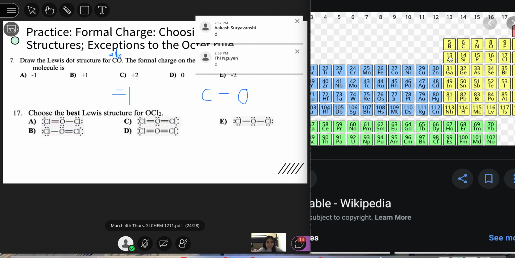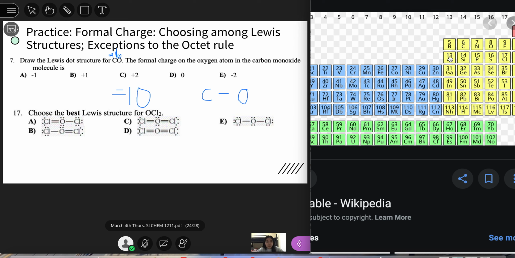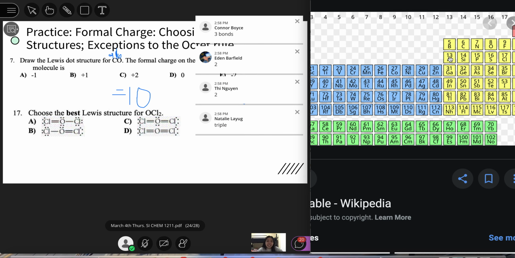How do we get 10? Okay, got D. So if we want 10, what do we do to this structure? Because to get the answer to this, you have to do the structure first. Sorry, B. Okay. Does anyone know how many bonds go in between C and O? How many bonds is that? 1. If you want 10, you can't have, yeah, you need 3.